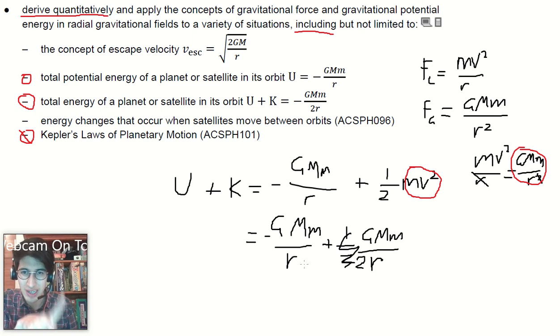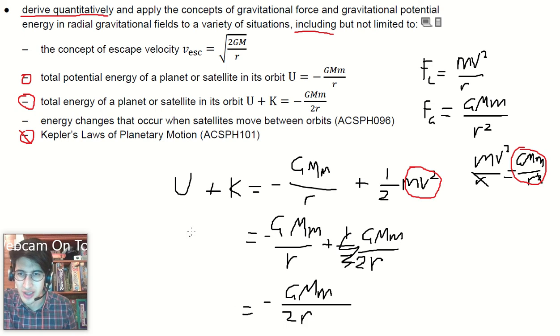Okay, so when you have -1 plus a half, you end up with -1/2, and so that gives us -1/2 of GMm over R. Okay, and that's what our U plus K is, and that's the equation here. So it ends up simplifying into something deceptively simple, starting out from negative GMm over R plus half mv squared.